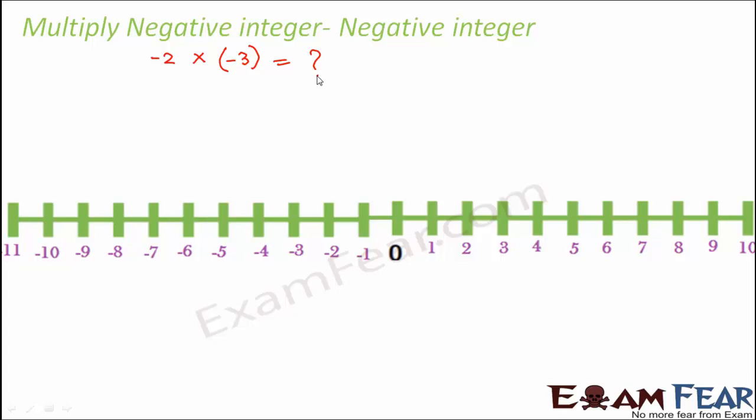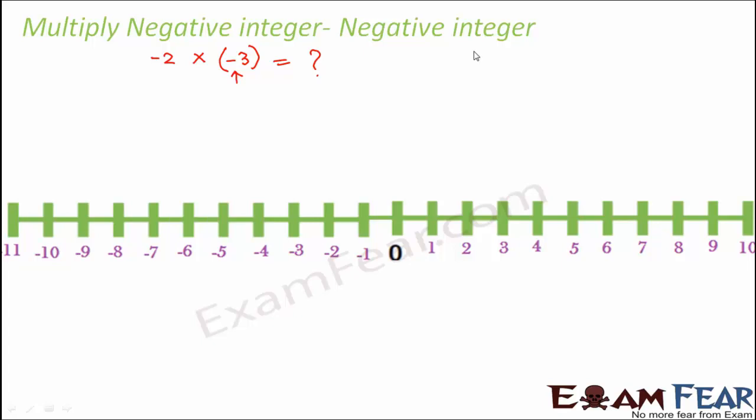Because we really don't understand the meaning of minus 3 times. Basically in this case, it still means that minus 2 is added 3 times, but this negative sign just tells us that this time we move in the opposite direction on the number line. So let us take this example.